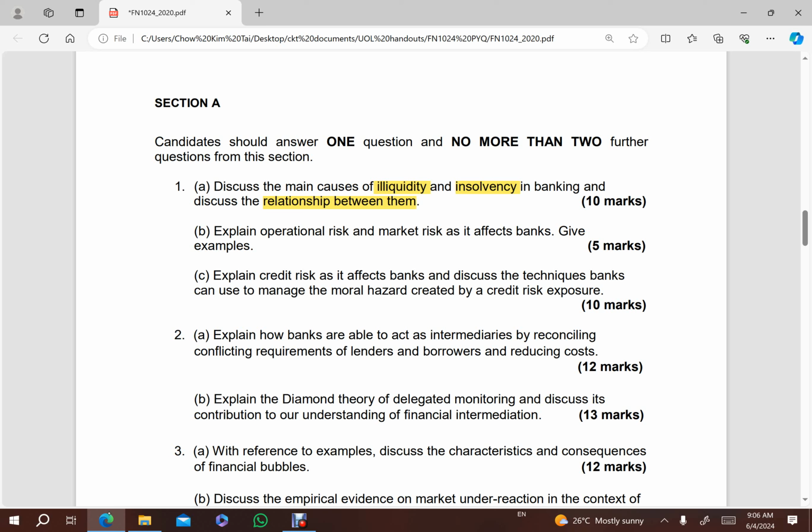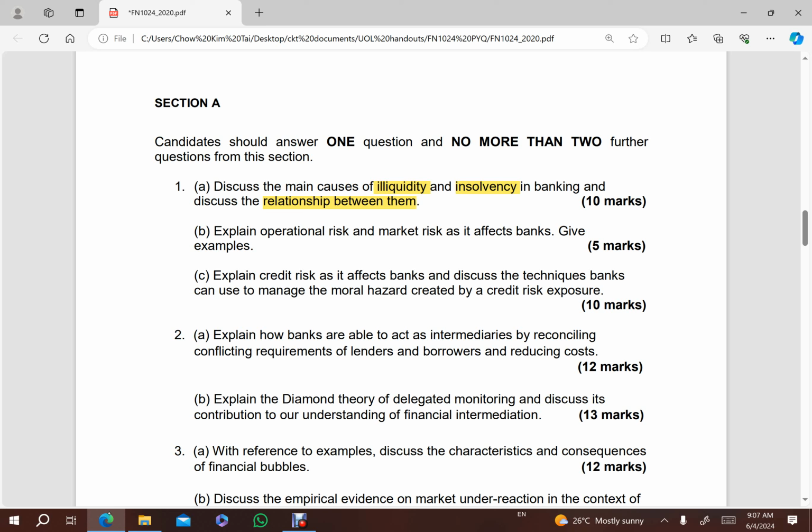Illiquidity is a situation where the bank runs out of cash, and that happens normally very fast, out of panic. When there's a rumor that this bank is going to close down, like the Silicon Valley Bank in March 2023, people rush to the bank to withdraw money, then the bank cannot hold. That rush is called a bank run, and then the bank will collapse.